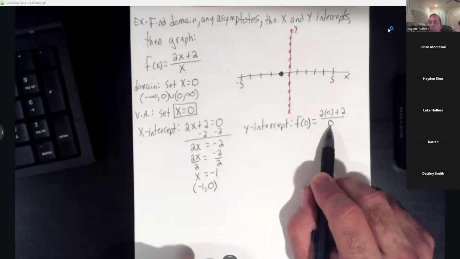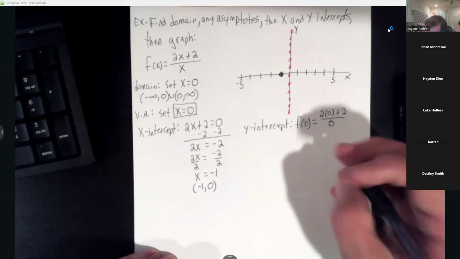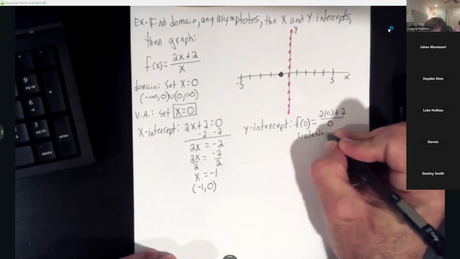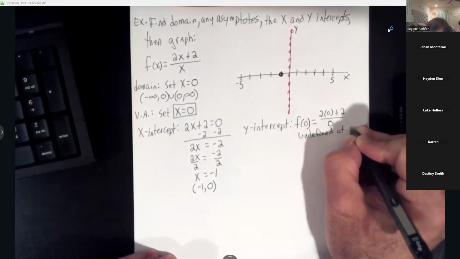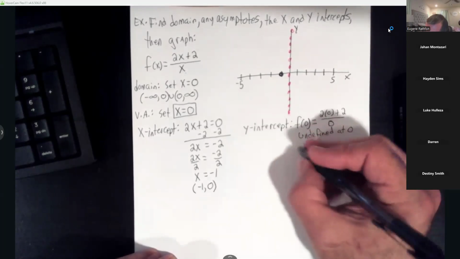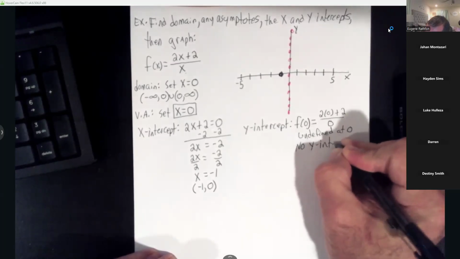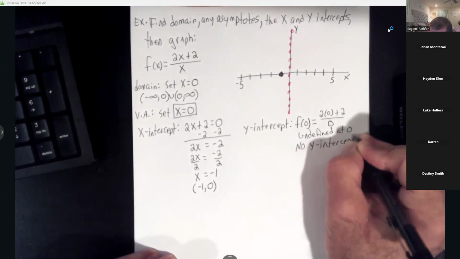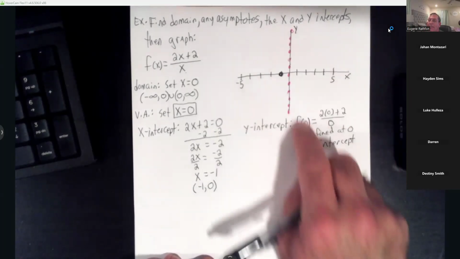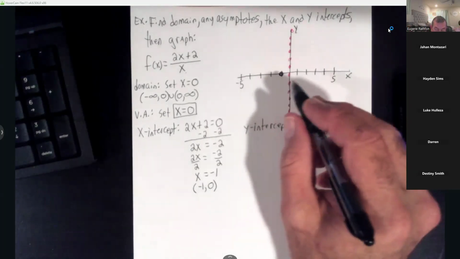We just put a 0 in our denominator. So this thing is undefined at 0. So since it's undefined at 0, that means there is no y-intercept. Well, we knew that because the y-axis is my vertical asymptote, basically, so I can't cross over that, okay?